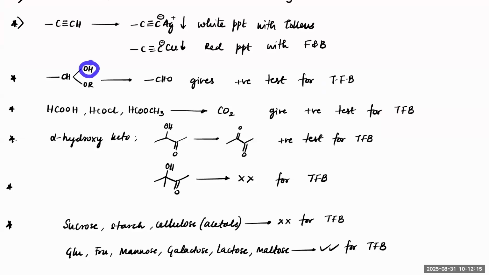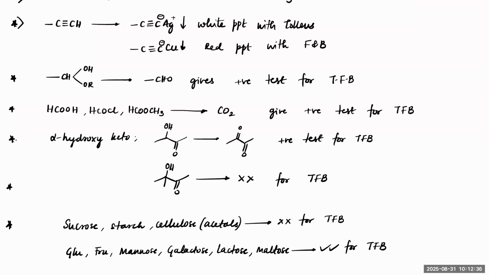Next, if you have a hemiacetal, you know that hemiacetals are unstable in base. So in base it will immediately convert into an aldehyde, and that will give a positive test with Tollens, Fehling's and Benedict. So everywhere there is a hemiacetal, it should always be read similar to an aldehyde.